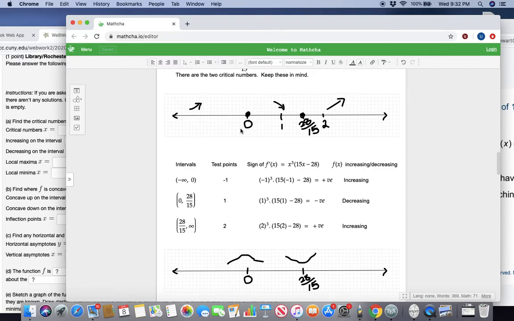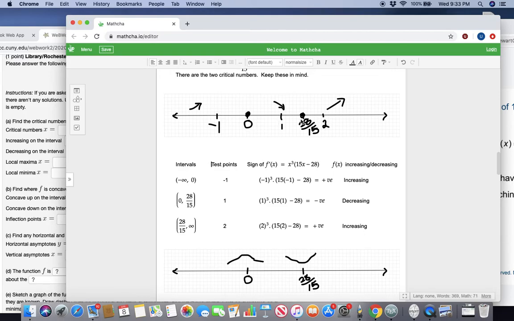If I cut the real number line along these two numbers, what do I get? Negative infinity to 0, one interval, 0 to 28 by 15, another interval, and 28 by 15 to infinity. That's the third interval. Choose a number from each piece. From this piece, I choose test point number -1.